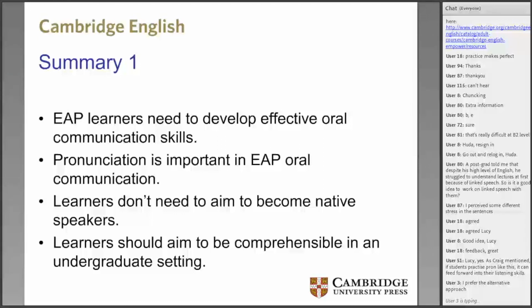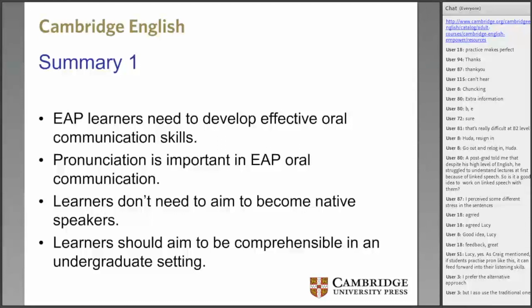Okay, so we've got to the end, more or less, and to sum up, the key points that I've been making is that EAP learners do need to develop oral communication skills. So yes, we need to focus on reading and writing, but let's not forget speaking as well. And pronunciation is, I think, an important part of EAP oral communication.